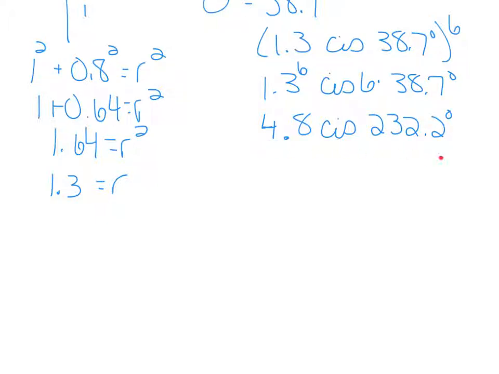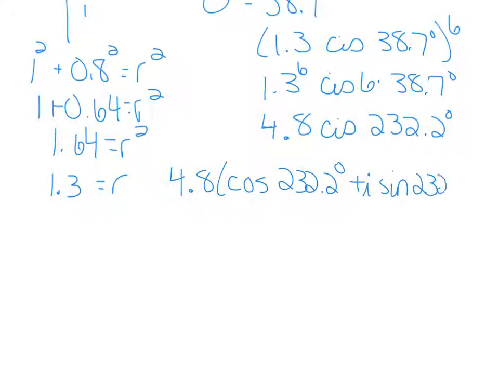So now I need to take this and I need to change it back to rectangular form. Well, remember what that means is 4.8 times the cosine of 232.2 degrees plus i times the sine of 232.2 degrees.